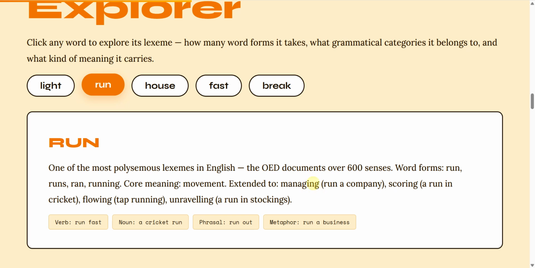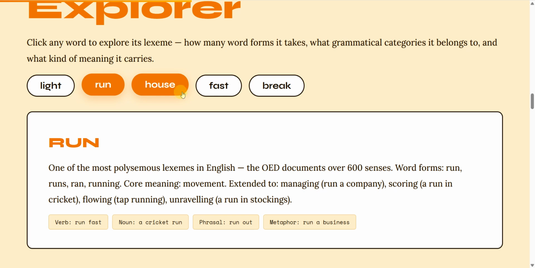Managing a company is running a company, then scoring, a run in cricket, then flowing, a tap running, and unraveling, a run in stockings. So here it is: verb, very fast; noun, a cricket run; phrasal, run out; and a metaphor, run a business. This shows the word forms of the lexeme run.